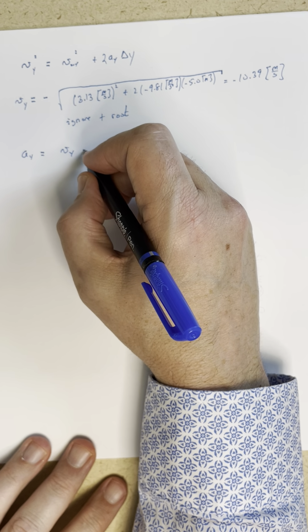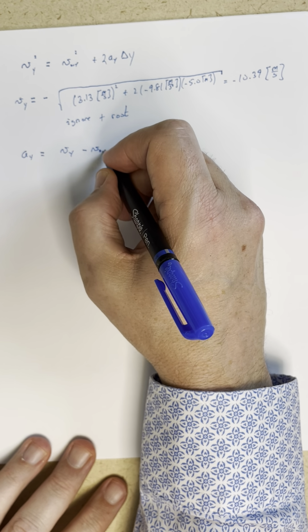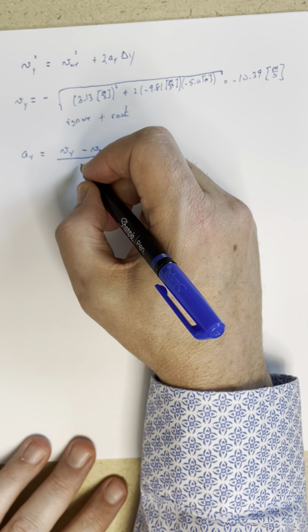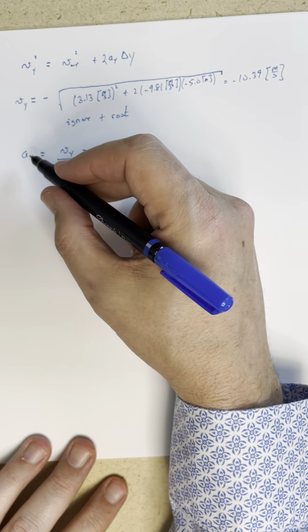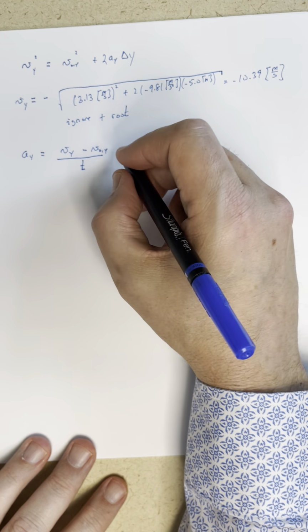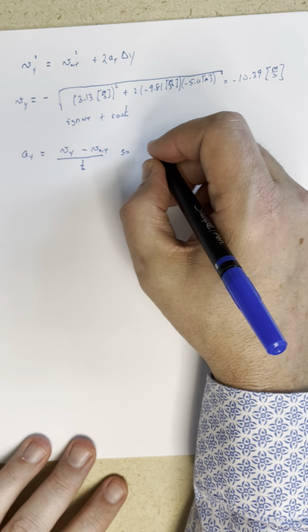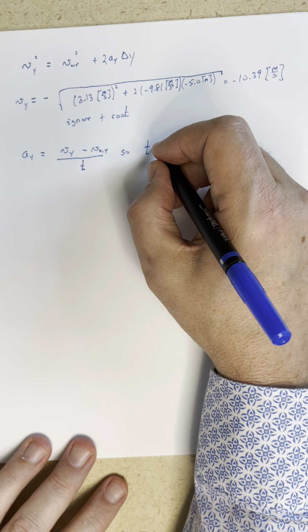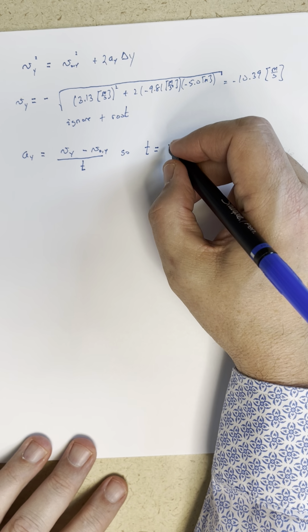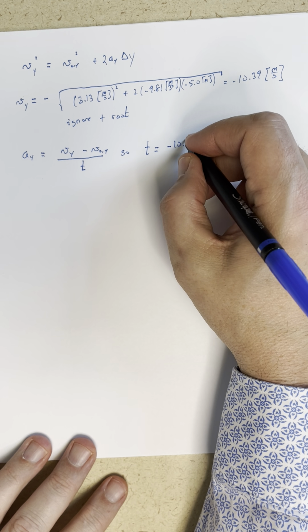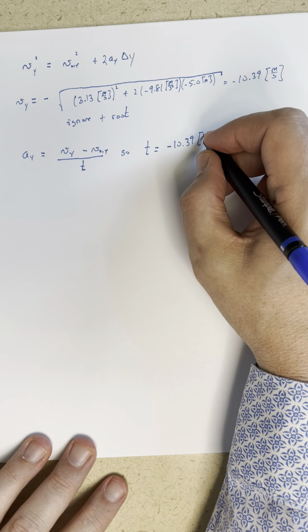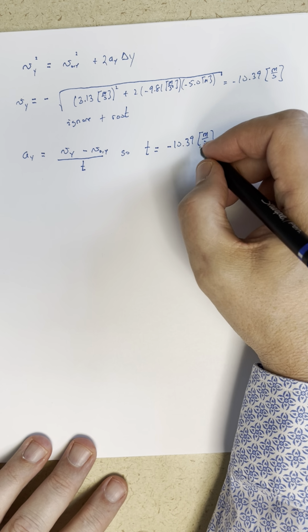So delta V over the time is equal to the vertical acceleration. So we have the time that it is in the air: minus 10.39 meters per second.